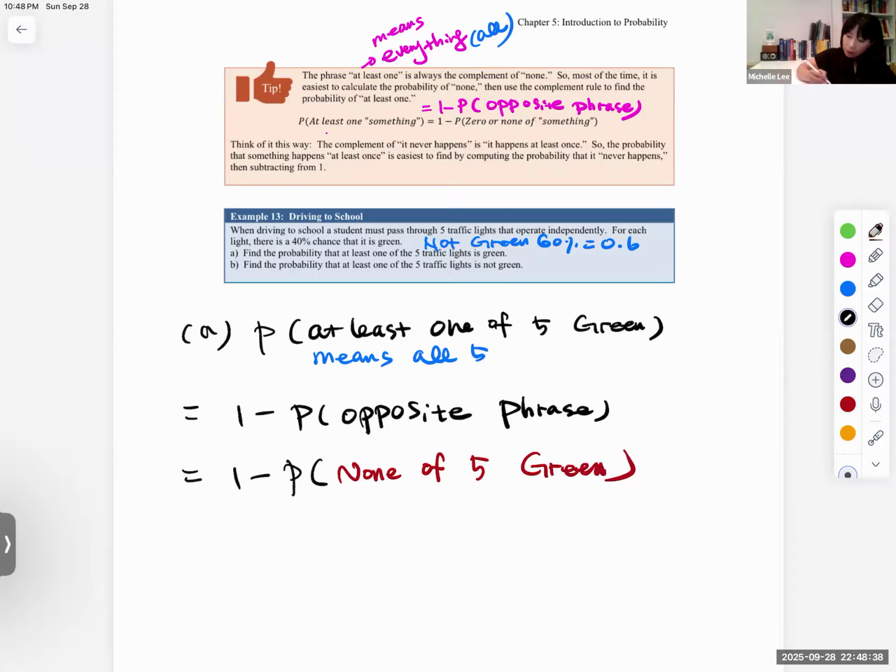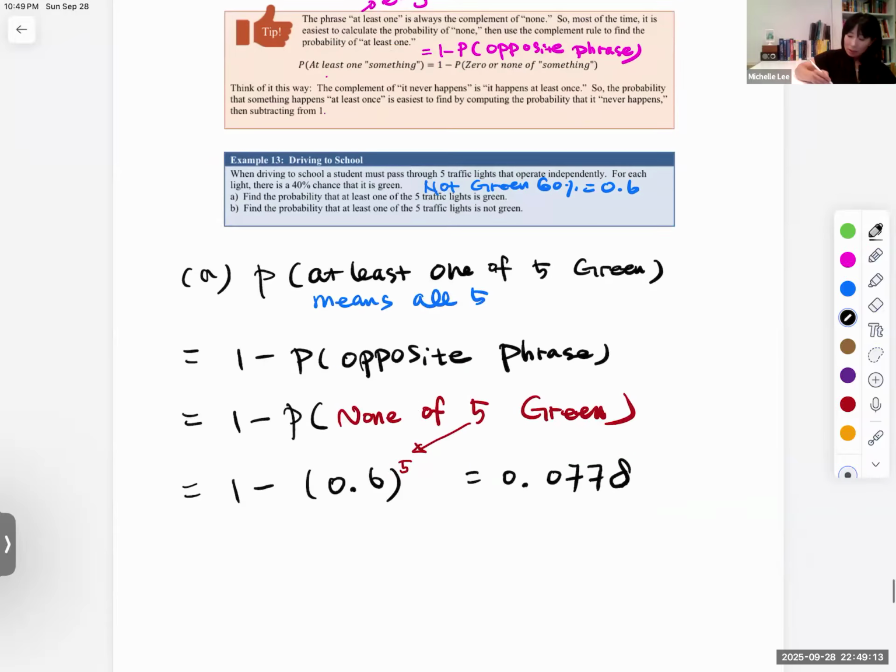So there will be 1 minus the probability of not green, 0.6, to the power 5. Then what do you get? 0.0778.